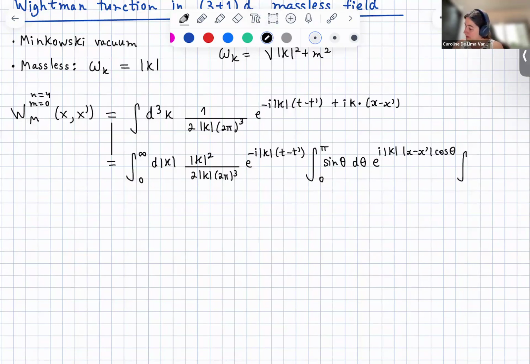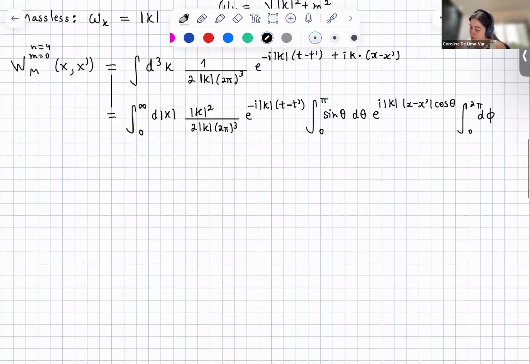And then on phi, we don't have any dependence, right? So then I can just integrate the phi part and get rid of it.